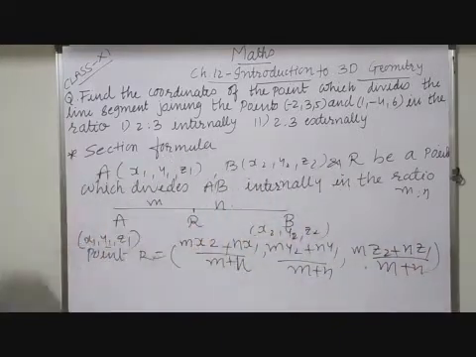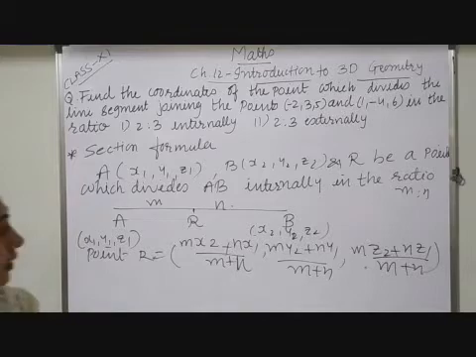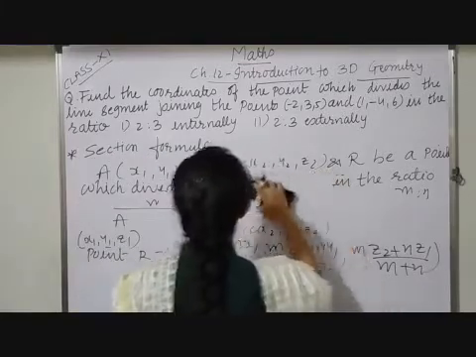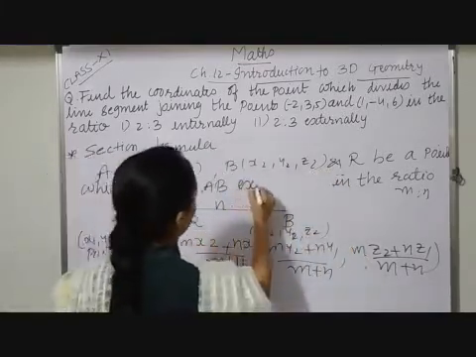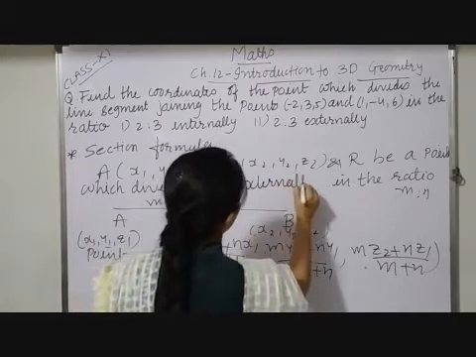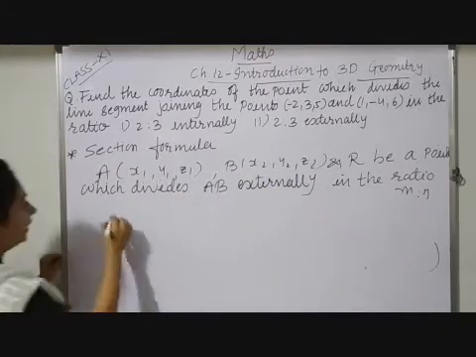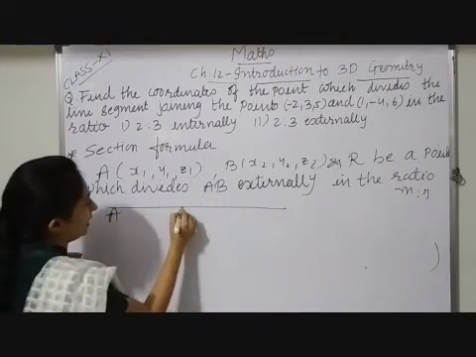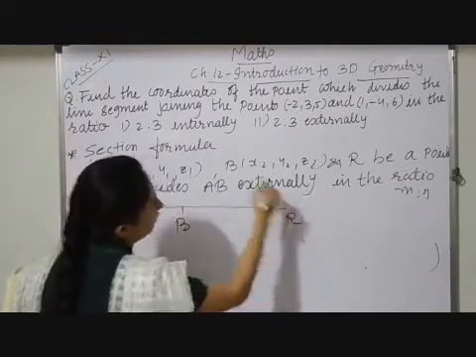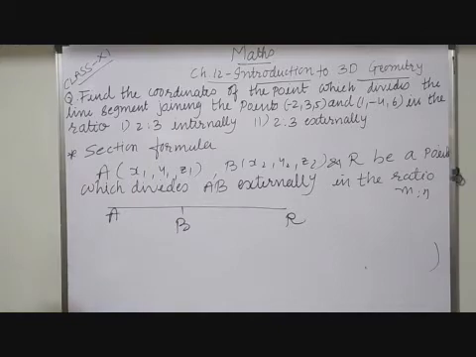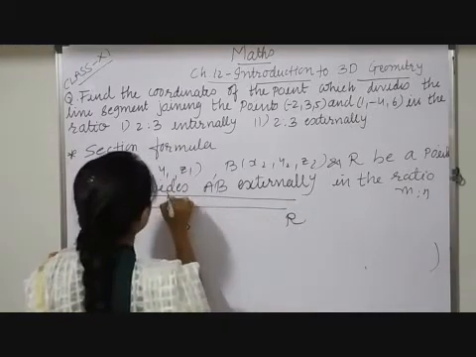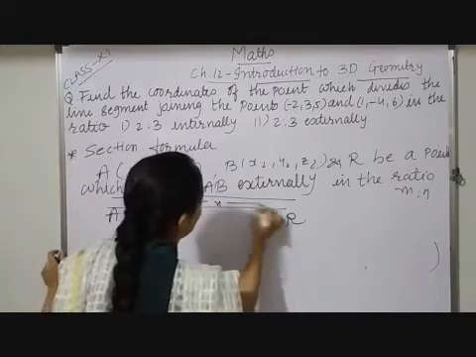Now in place of dividing AB internally, suppose it divides externally. How will its diagram look? Here this is segment AB and somewhere you have an external point R. Now it is dividing externally, so this whole distance is m and this is n.